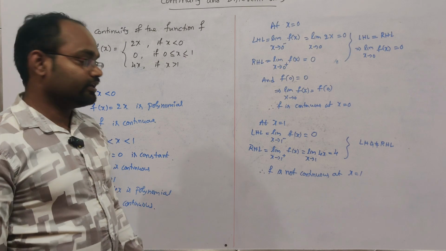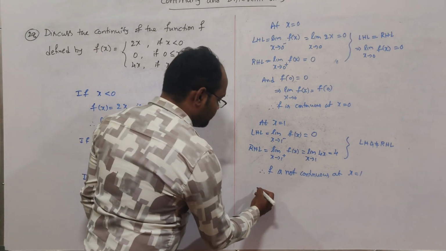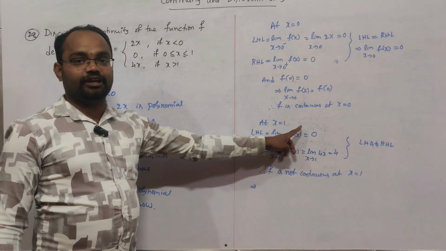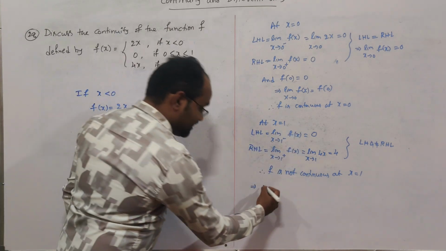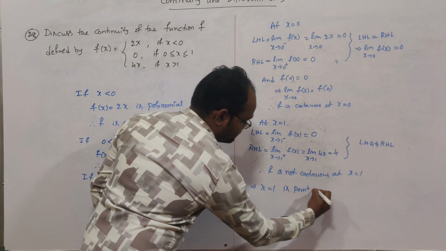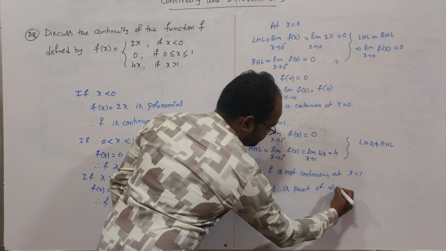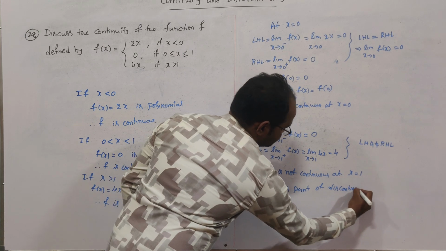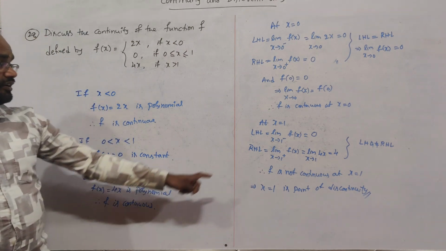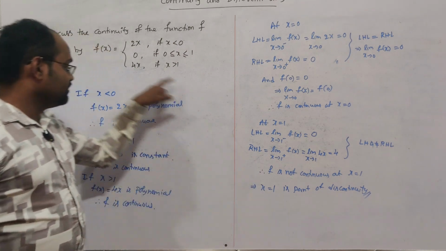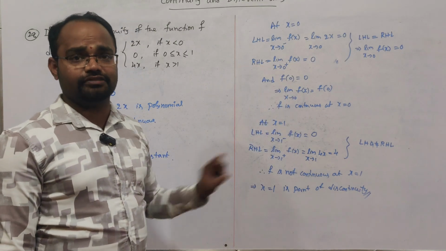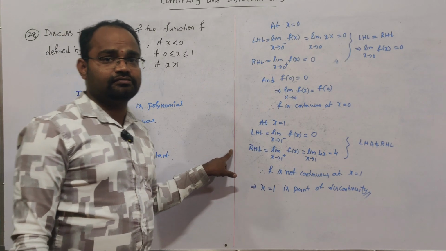So therefore what we can conclude, at every point it is continuous except at x is equal to 1, therefore x is equal to 1 is the point of discontinuity of this function. Except that one point, everywhere it is continuous, right?